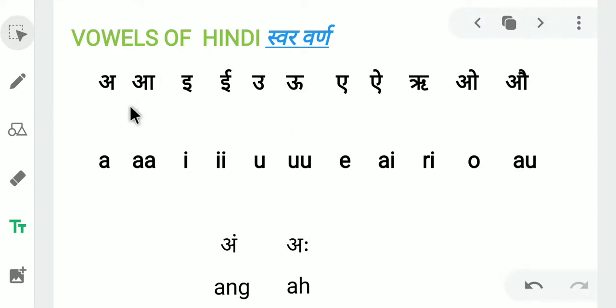These 13 are like this: A, Aa, E, Ee, U, Oo, Ri, A, I, O, Au, Ang, Ah. So these are some vowel sounds of the Hindi language.